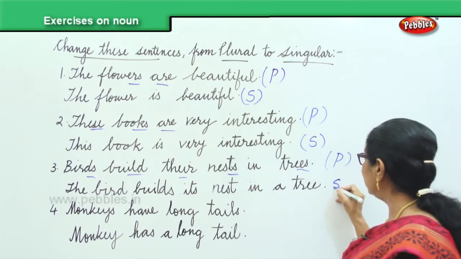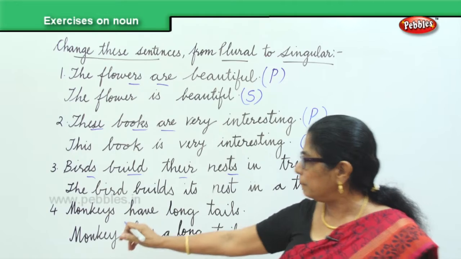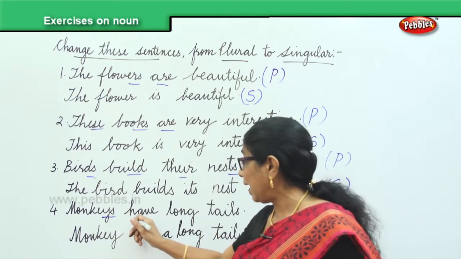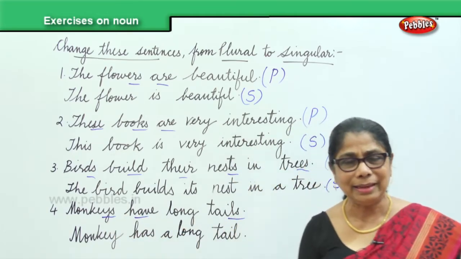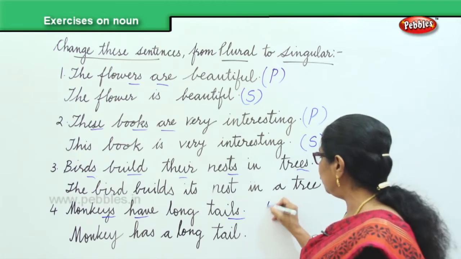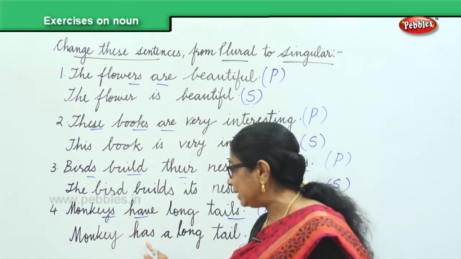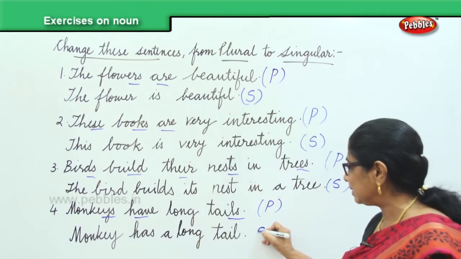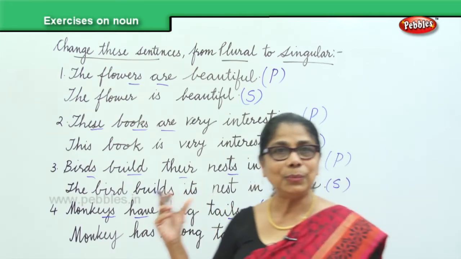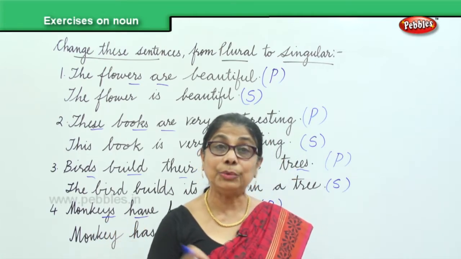So that is a singular form of sentence. And finally you have, monkeys have long tails. And we are going to make it into a singular sentence. Monkey has a long tail. That's a singular form. So we learn to change the plural form of sentence into singular form.